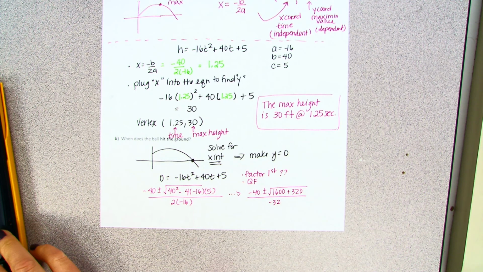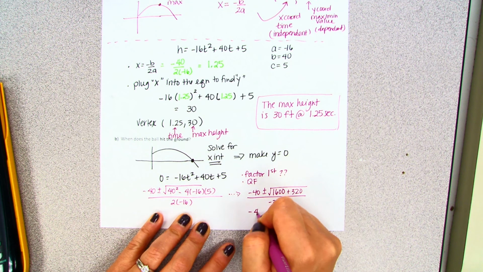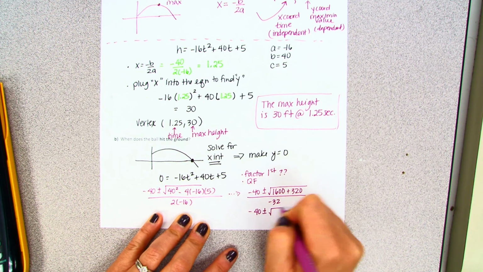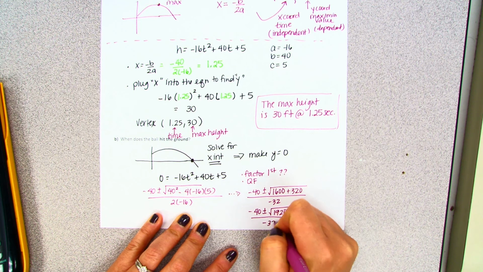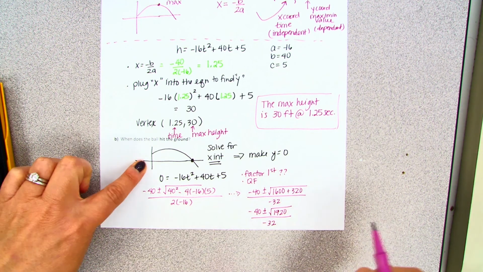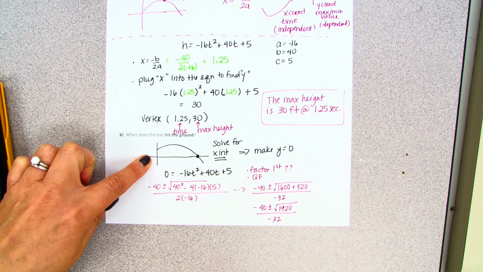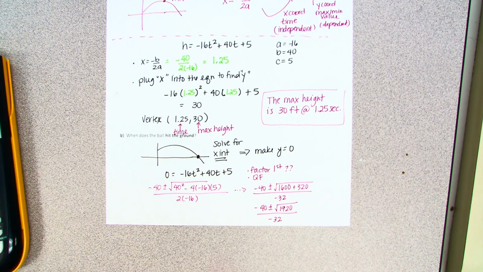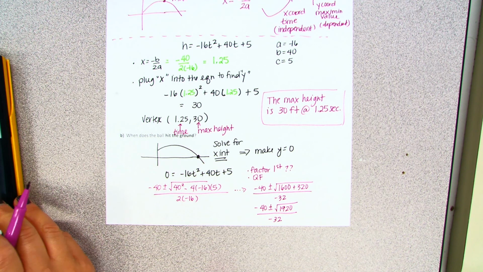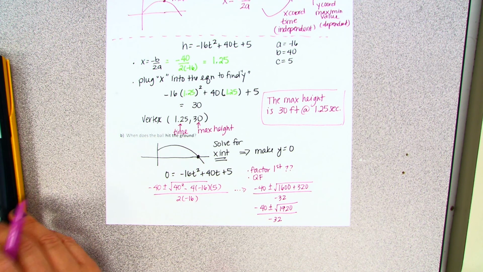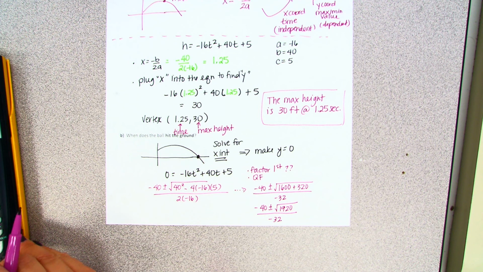You go ahead and do all that math. Now, you're going to have 2 answers here, but one of them is not going to be possible because it's going to give you the other matching x-intercept, which is most likely going to be over here where x is a negative number, and you don't really want that. So 2 answers, although only one of them makes sense.